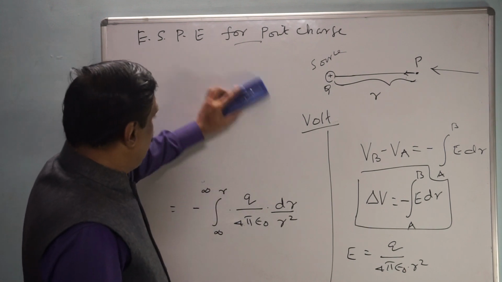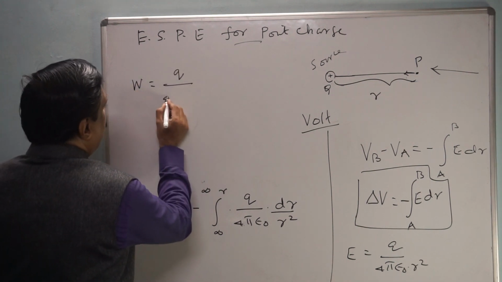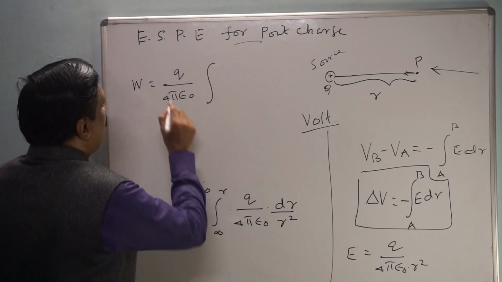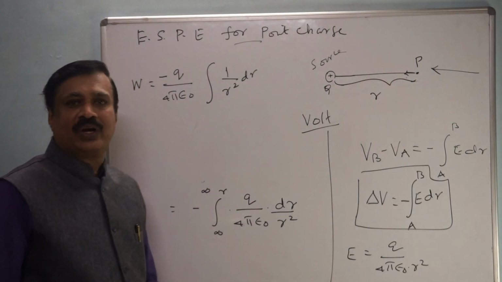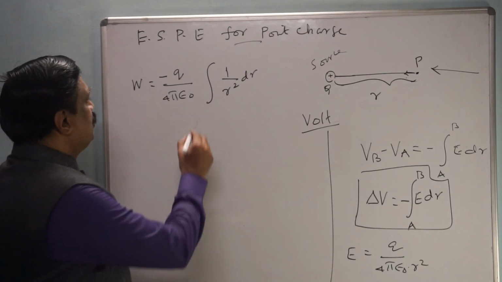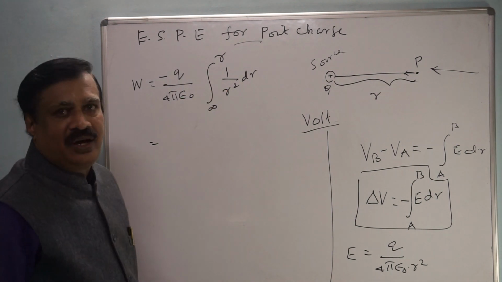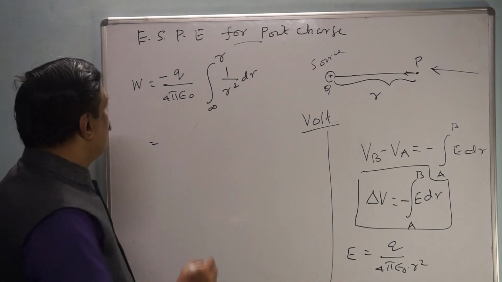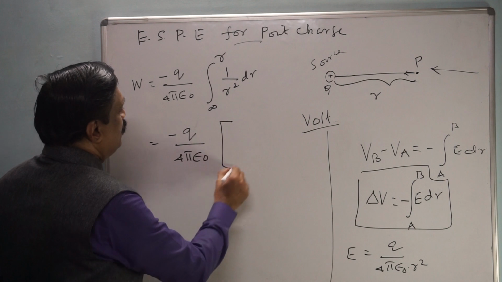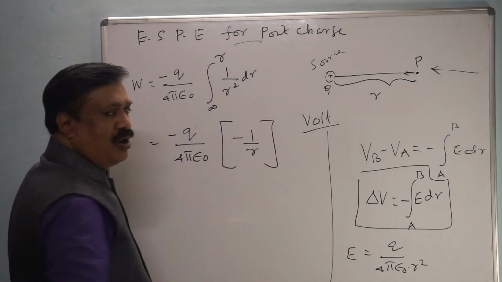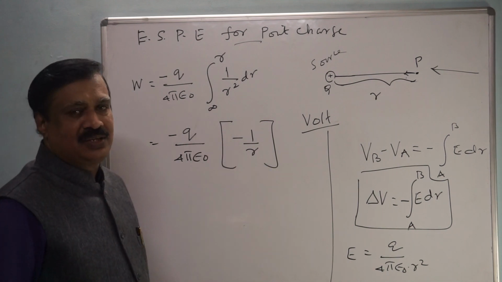Now W equals Q by 4 pi epsilon 0, with the minus sign, times the integral of 1 by R squared dr, with limits infinity to R. Now the integration of 1 by R squared dr is minus 1 by R. This is a mathematics formula.